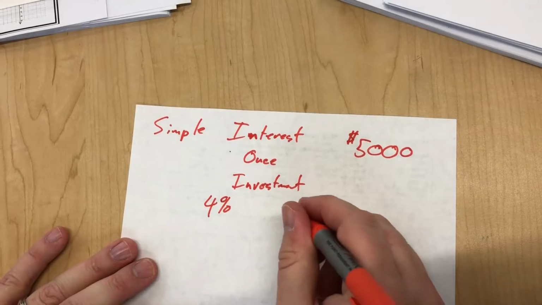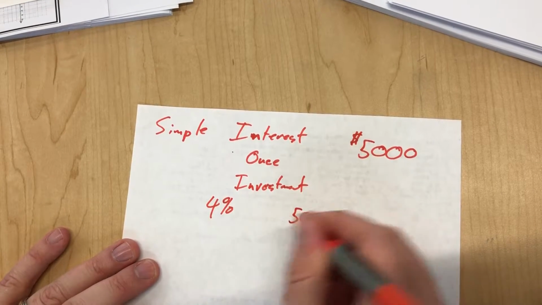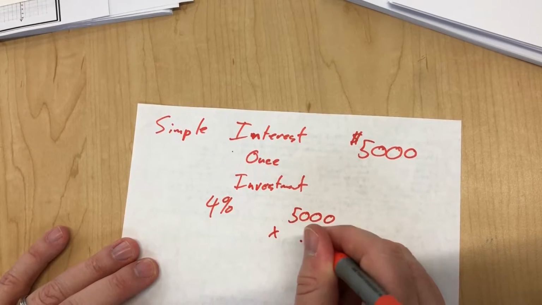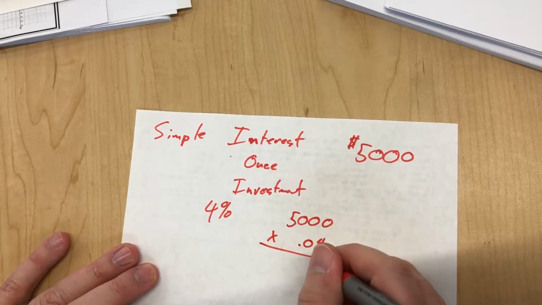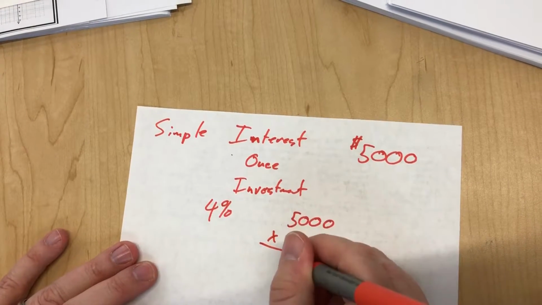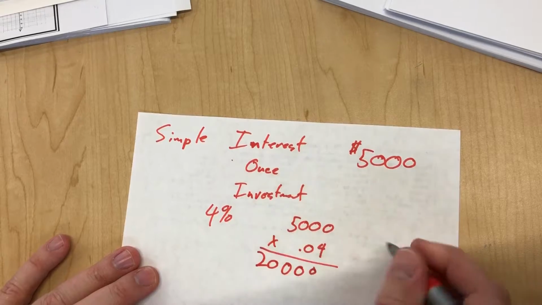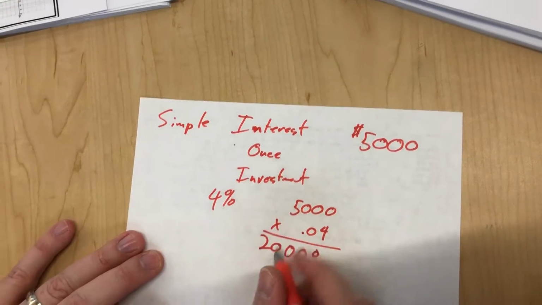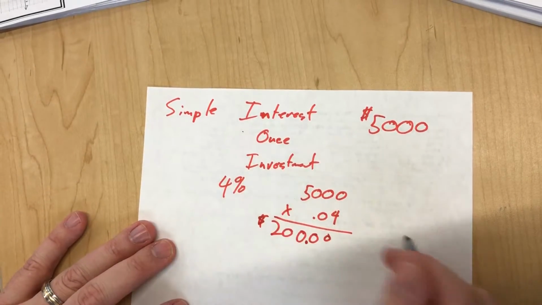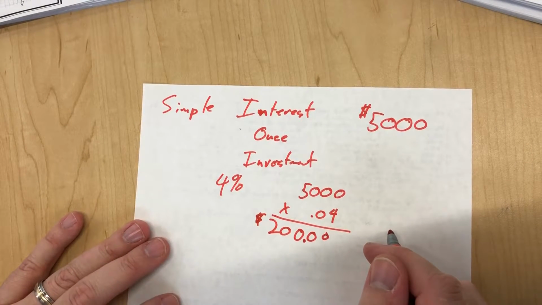Again, I'm just gonna take my $5,000 and multiply it by 0.04. So 5 times 4 is 20. I've got 2 decimal places. I'm gonna make $200 off that on simple interest.